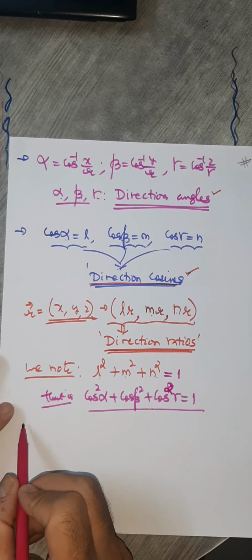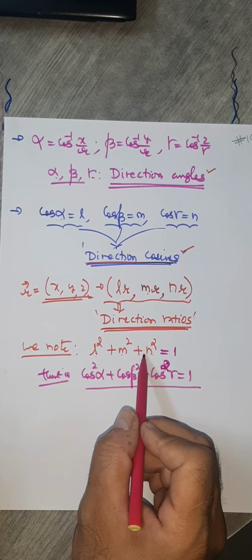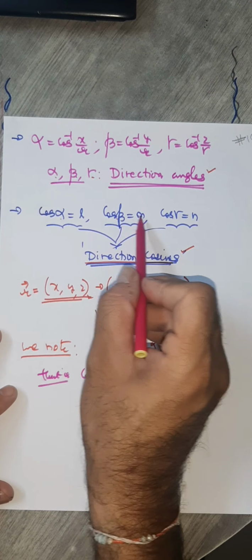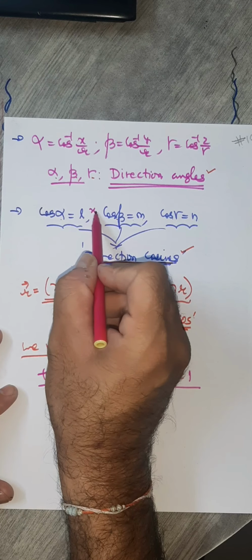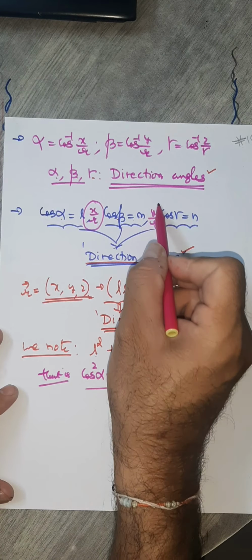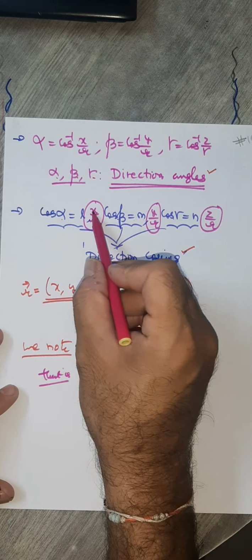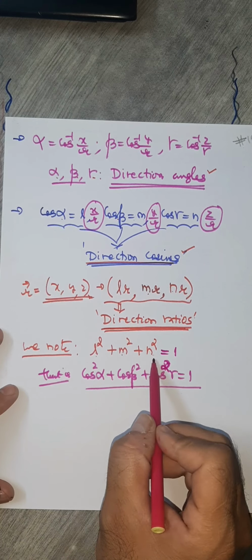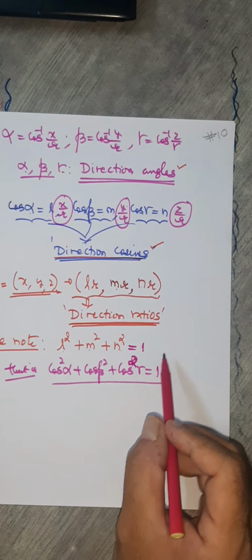If I take a simple example, you will realize. Going back to the definition, l is x by r, m is y by r, and n is z by r. If I square these and add them, it is x square plus y square plus z square upon r square. This is just for your information.